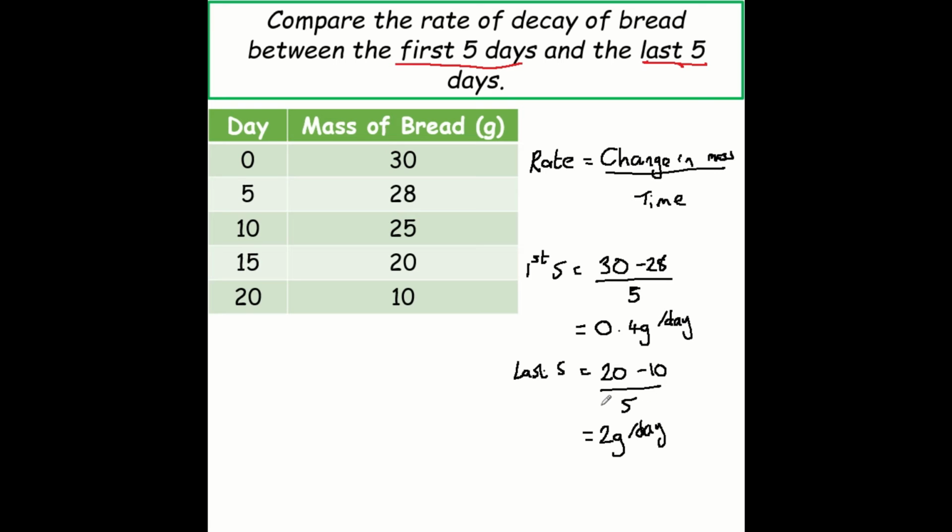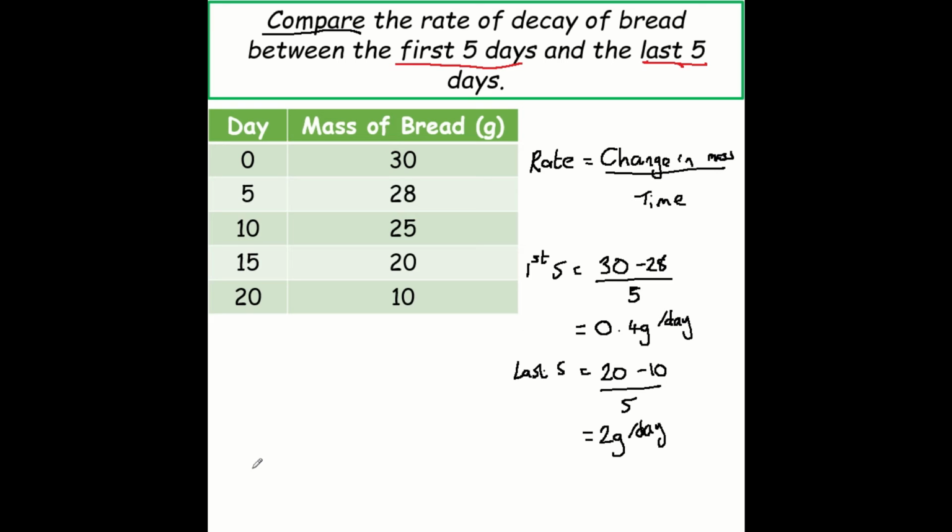Now that's not the end, because the question, remember, was to compare the rate. So we've got our rate for the first 5 days of 0.4 and then our rate for the last 5 of 2. Now hopefully we can see that actually the last 5 is happening at 5 times the rate of the first 5.